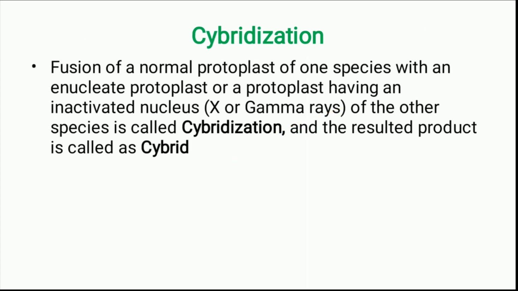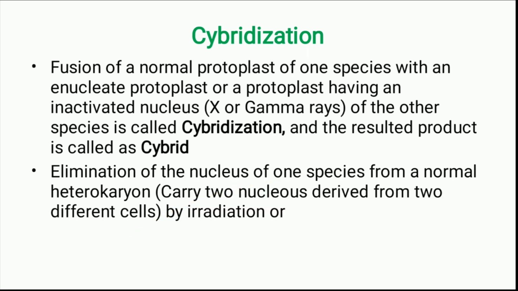Hybridization: the fusion of a normal protoplast of one species with an enucleate protoplast, or a protoplast having an inactivated nucleus, is called hybridization. The product resulting from it is called a cybrid.